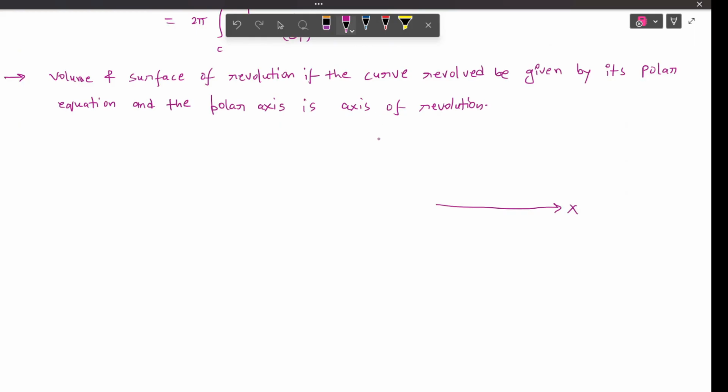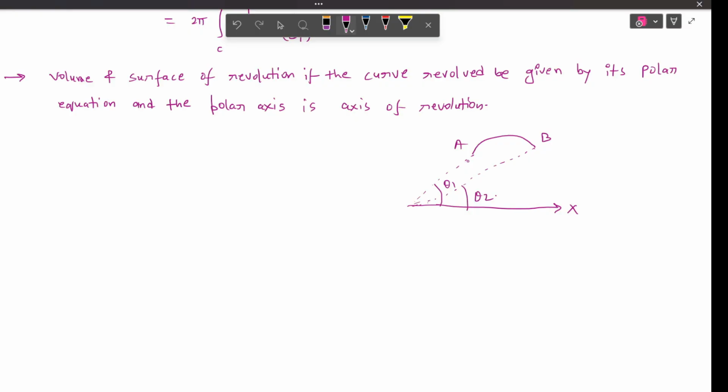Here we have x-axis and you have a continuous curve that looks something like this. Now this is your AB curve. This end makes theta 1 angle with x-axis and this end makes theta 2 angle from x-axis.